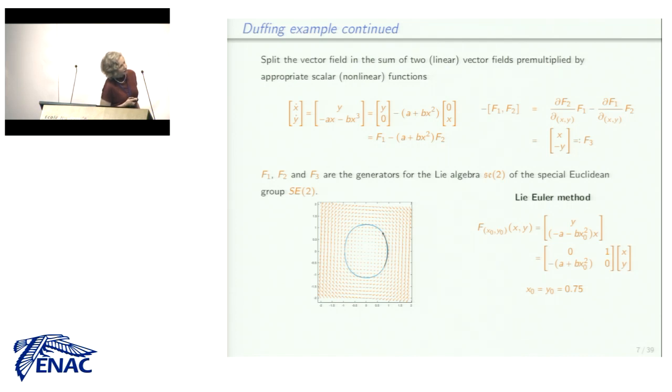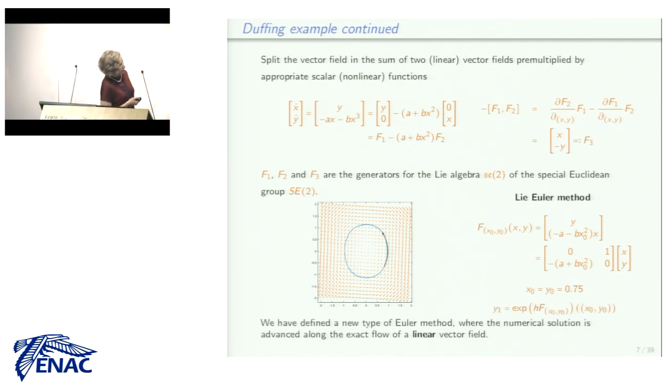You take the two linear vector fields up here, and you evaluate this function at the initial condition, the point x0 = y0 = 0.75 in this example, okay? But then you compute the exact flow of this simplified linear vector field for a time step h, okay?